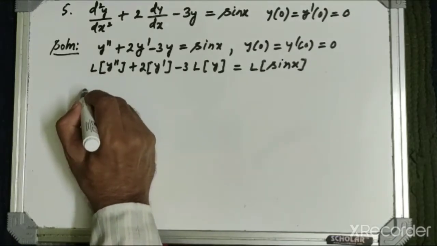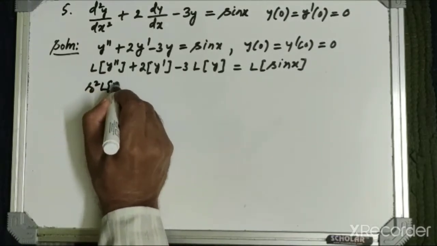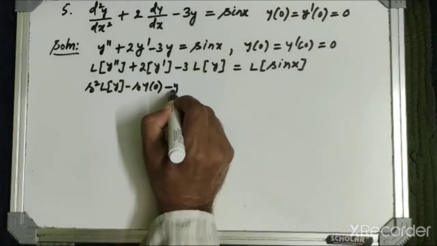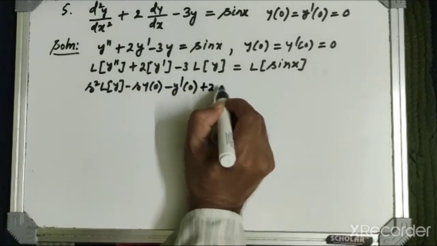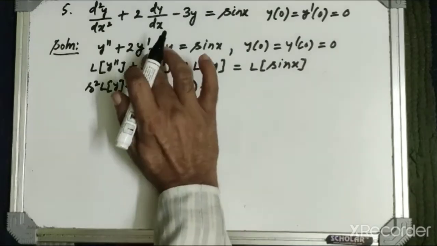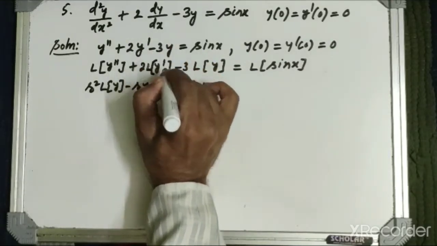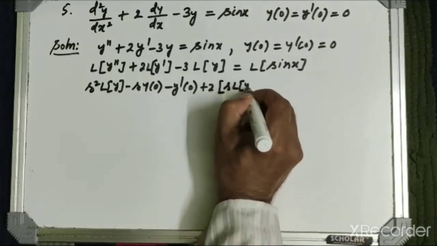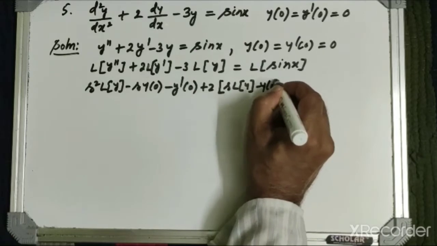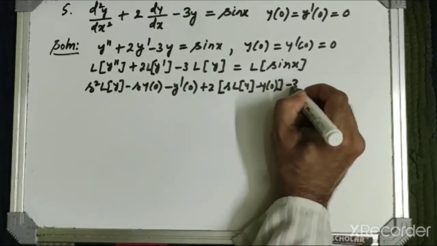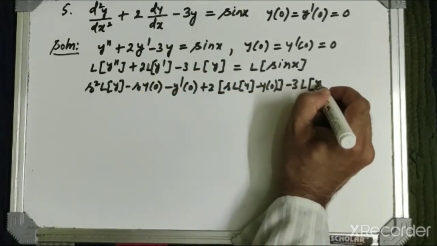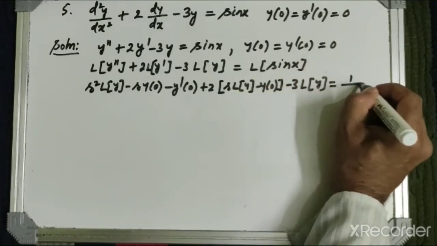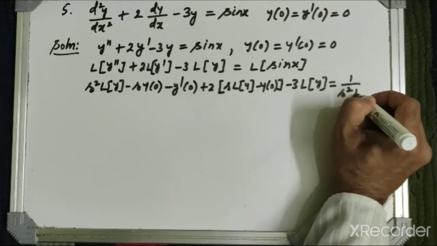So L of y double dash is s square into L of y minus s into y of 0 minus y dash of 0, plus 2 times Laplace transform of y dash, which is s into L of y minus y of 0, minus 3 times Laplace transform of y, which is equal to Laplace transform of sin x, which is 1 by s square plus 1.